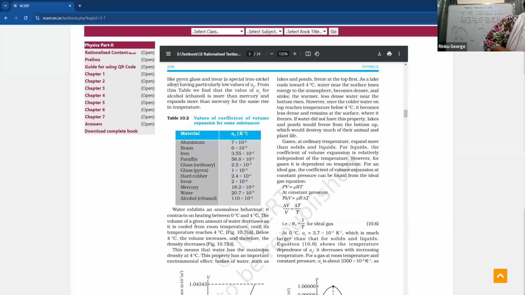Page number in the textbook, it is 282. In your textbook it is 282.